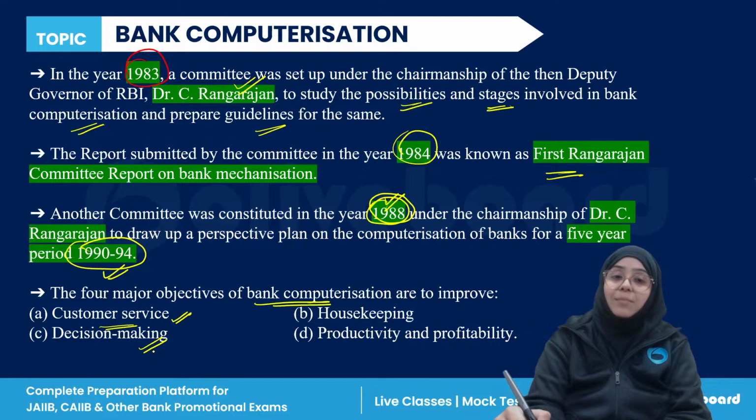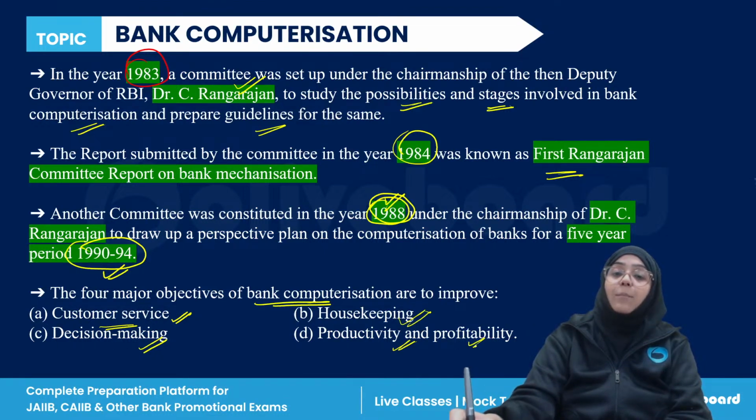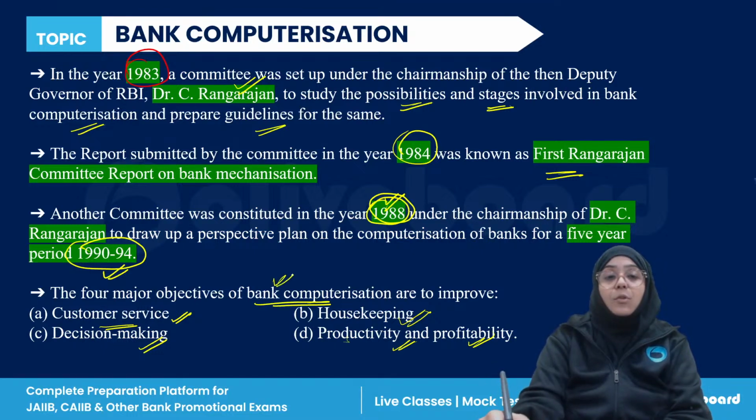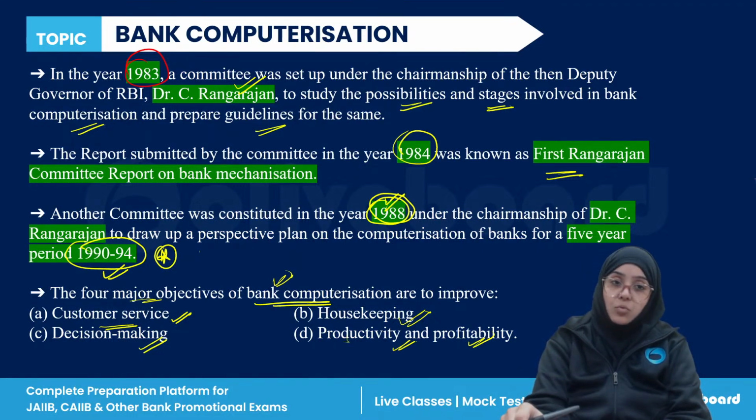Third, housekeeping, and fourth, productivity and profitability. For all these purposes, banking computerization was introduced. It is very important to remember that the Dr. C. Rangarajan committee was responsible for banking computerization.